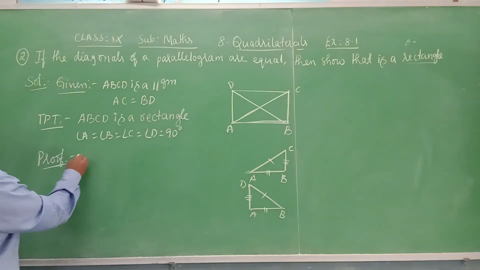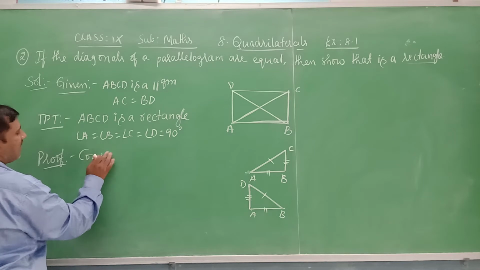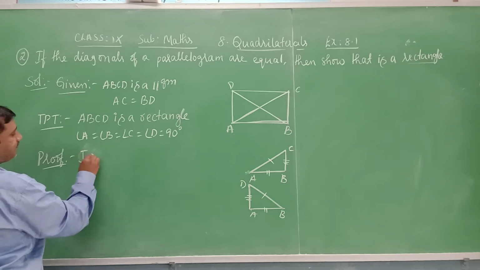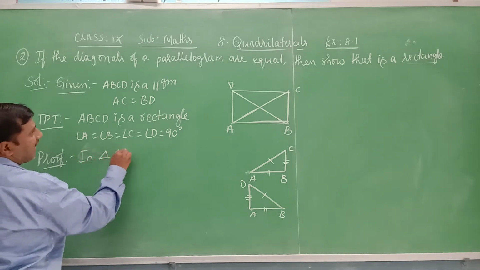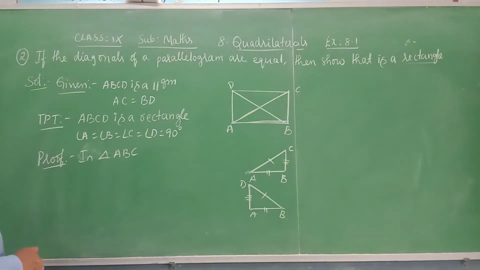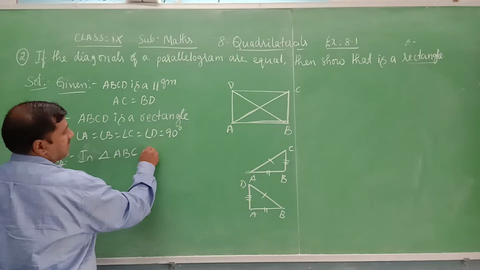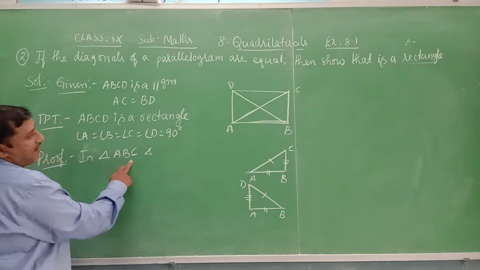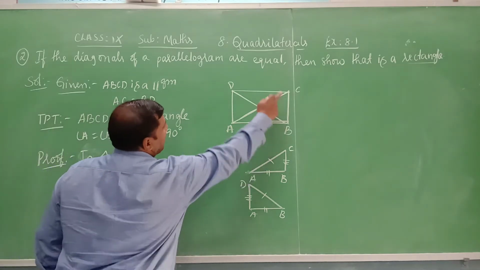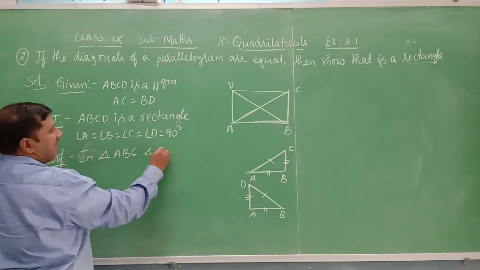Now consider triangle ABC and triangle BAD.